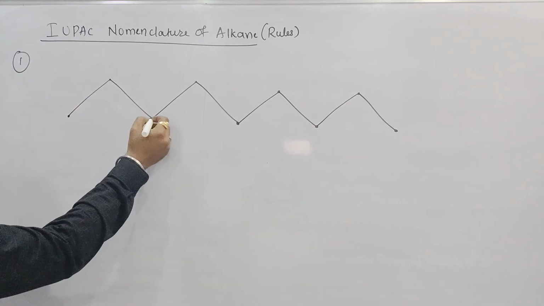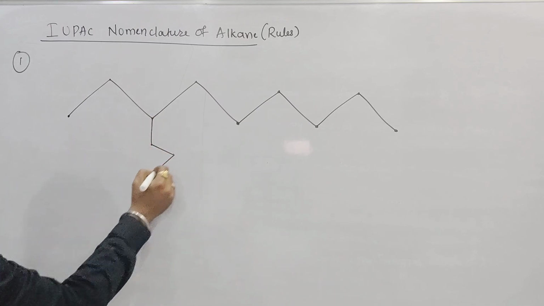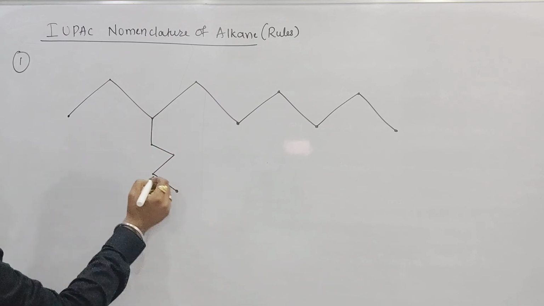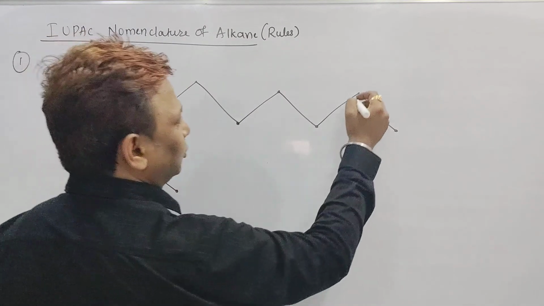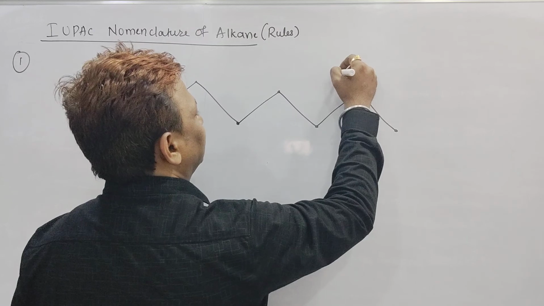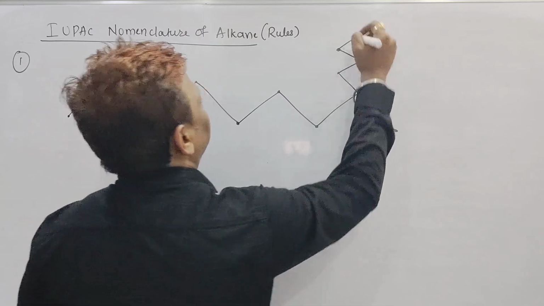But from here I want to make one more branch: 1, 2, 3, 4. Here also I want to make 1, 2, 3, and then 4.